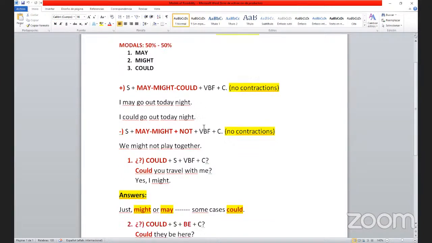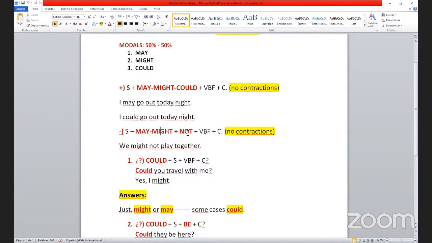Now, in negatives, we have may and might, just these two. We can't use could in negative sentences, so just may and might, with not and the verb in base form, with a complement, and also we don't use contractions with not. We can't say mayn't or mightn't.